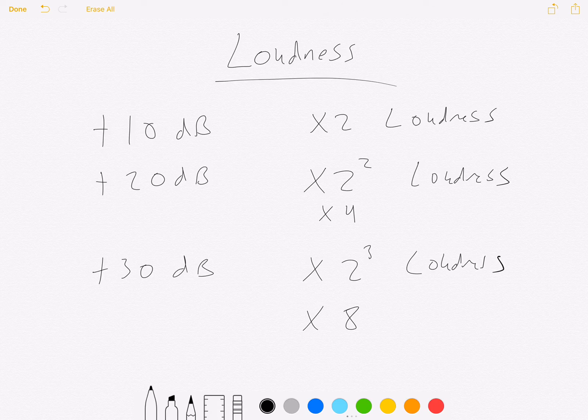So when you add 30 decibels, it's not 30 times louder, it's not 10 to the third times louder, it's 2 to the third. So loudness and sound intensity scale with each other, but they scale with a different base. So intensity scales up by factors of 10, loudness scales up by factors of 2.